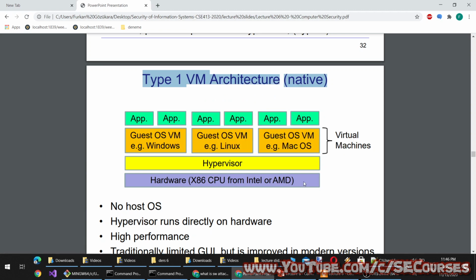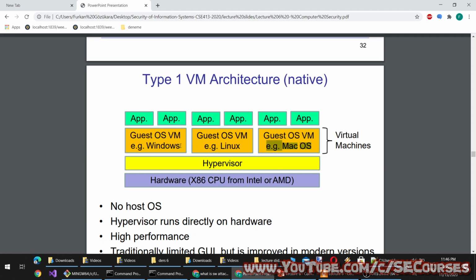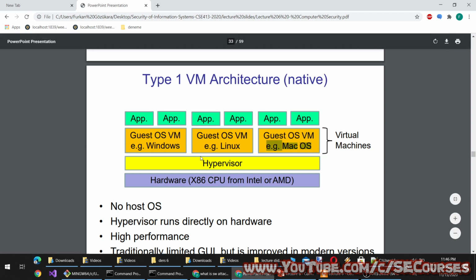Type 1 VM architecture, native. Okay, so there are applications on virtual machines, and you see virtual machines are separated like this. Guest operating system, VM, e.g. macOS. So you can run 3 virtual machines at the same time. One of them can run Windows, one of them can run Linux, one of them can run macOS, and whatever you want. There is hypervisor, which is under these virtual machines, and there is hardware.